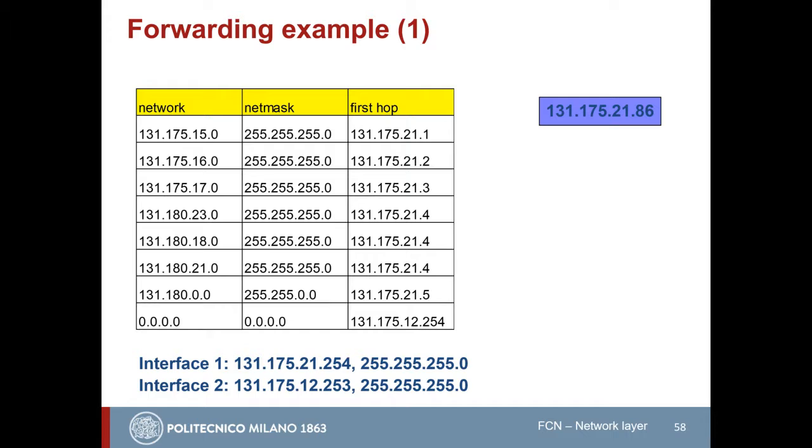Okay. So in this case, this packet will be forwarded by direct forwarding towards this interface. It means that the host with this IP address is directly connected to the network to which this interface is also directly connected.